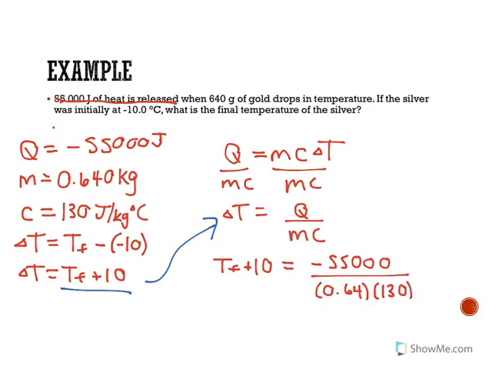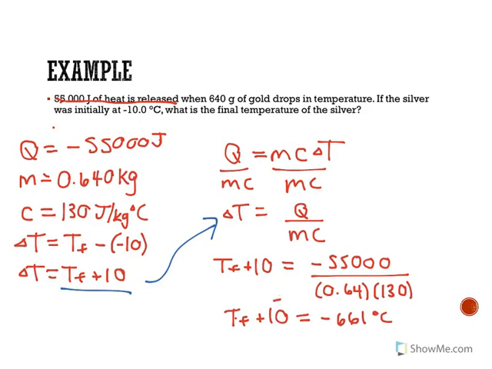So if we figure out that number on our right-hand side, 55,000 divided by 0.64 times 130, we get an answer of TF plus 10 is equal to negative 661 degrees Celsius.